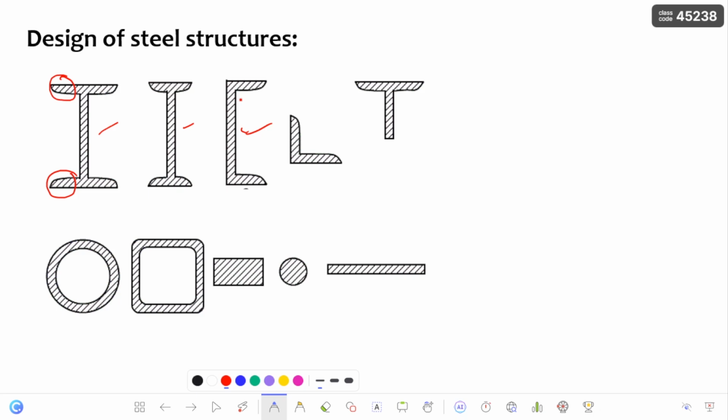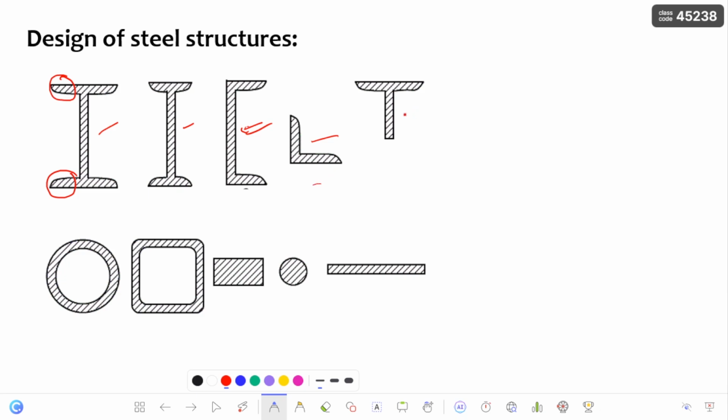That means whenever the intensity of this flexure is low, you can prefer this channel section. Next, coming to the angle section, these are preferred in connections. If you watch my previous video, in the seated angle connection, web angle connection, and all other different connections, these angle sections are used.